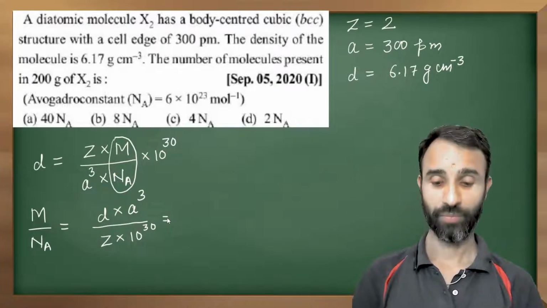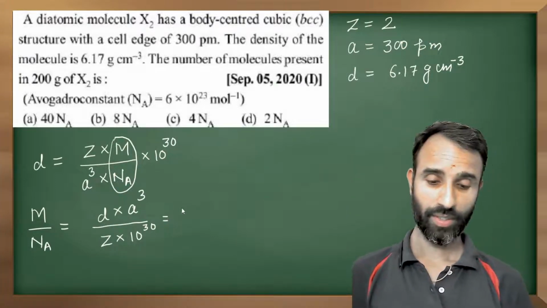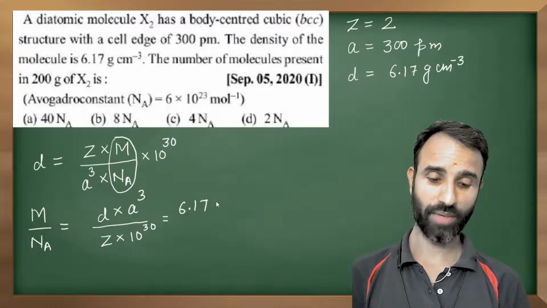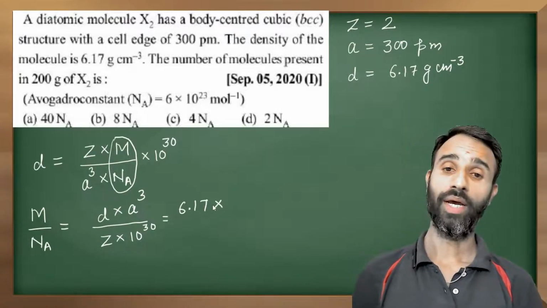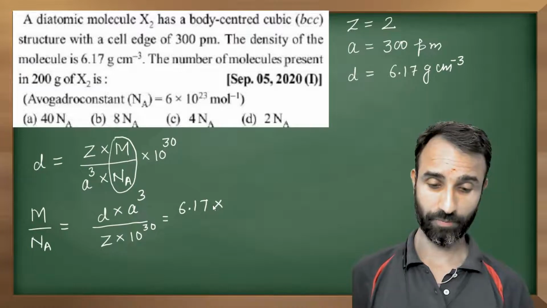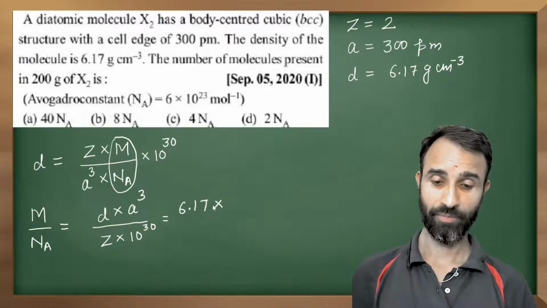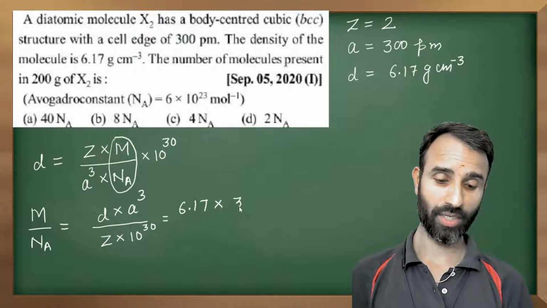Now what is D? Value of D is 6.17. And what is the value of A? A is 300.